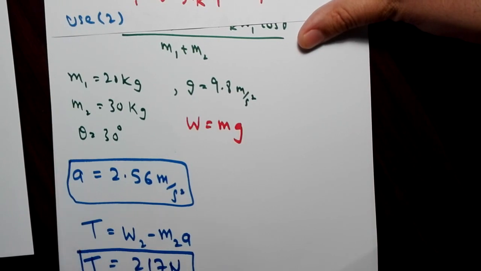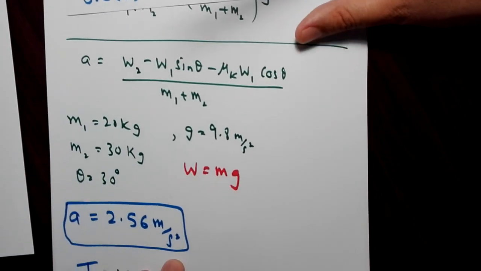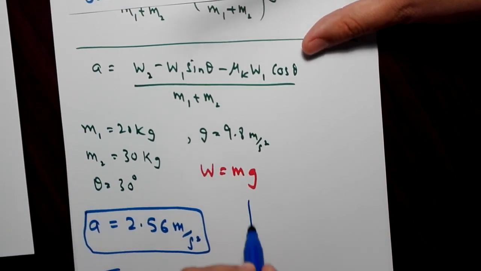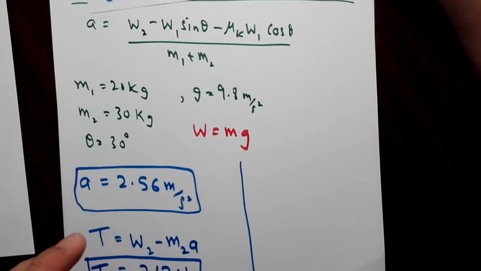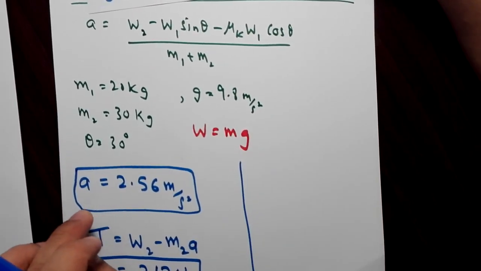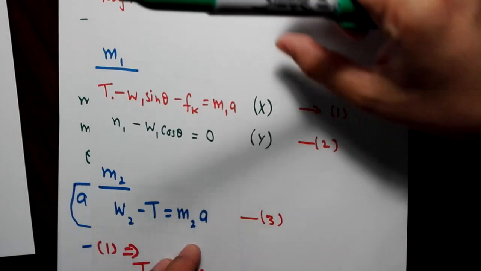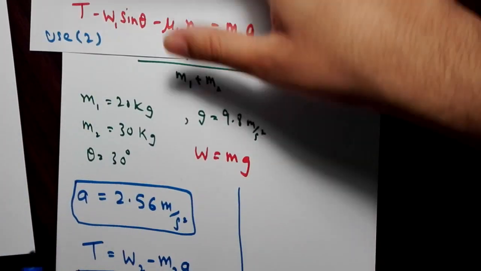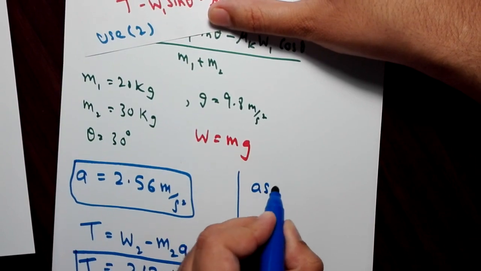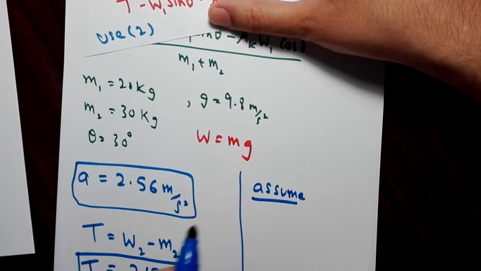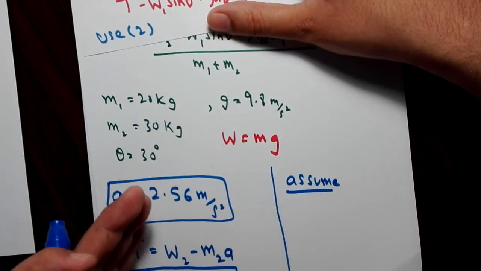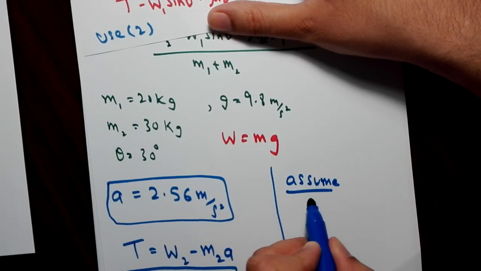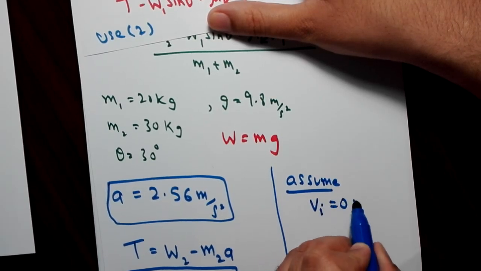So that gives you a feeling for the numbers, and we can go further. Let's say that you release the system and it starts with 0 initial velocity.